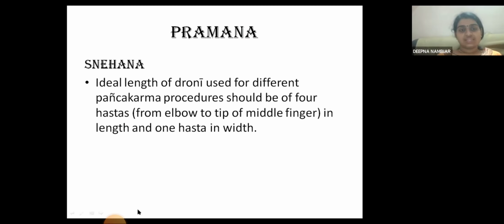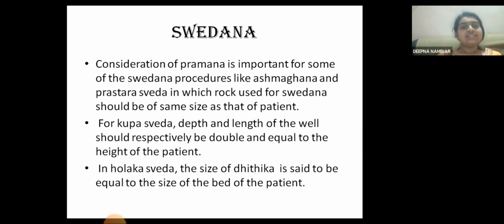Here also, Acharya says the importance of Pramana we have to take. And next is in the case of Swedana. In the case of Swedana, almost all the procedures, Acharya says, have to be made according to the dimensions of the patient.